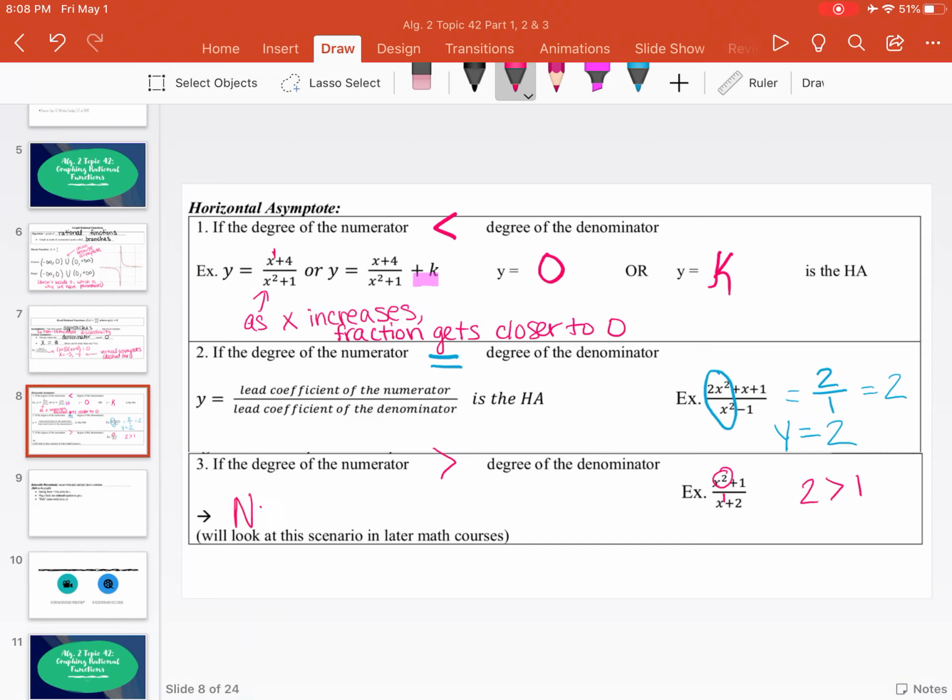Here we have no horizontal asymptote. And you will specifically look at this scenario later in math courses, but not right now. Right now, we'll just be satisfied with there will be no horizontal asymptote.